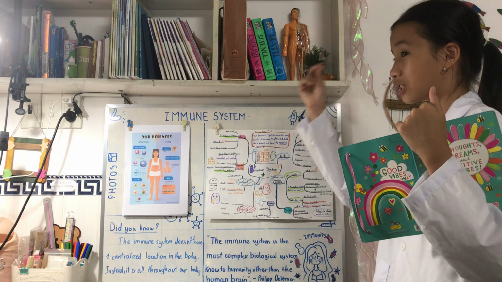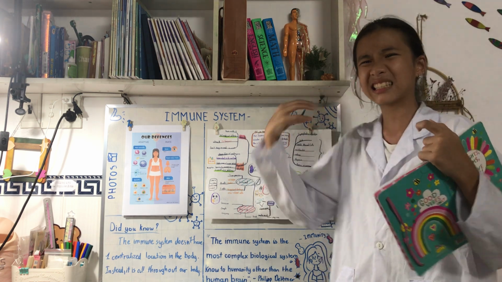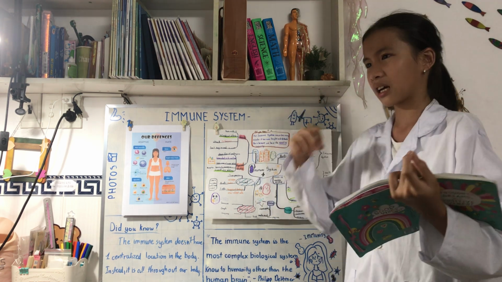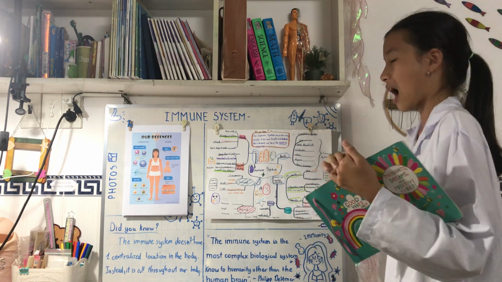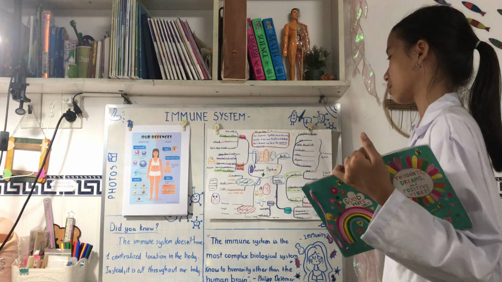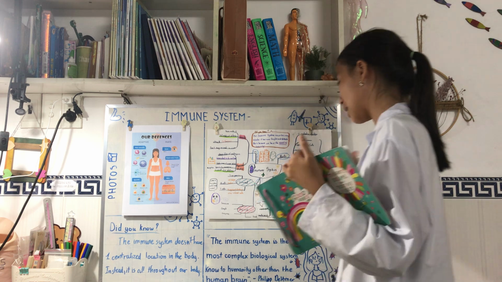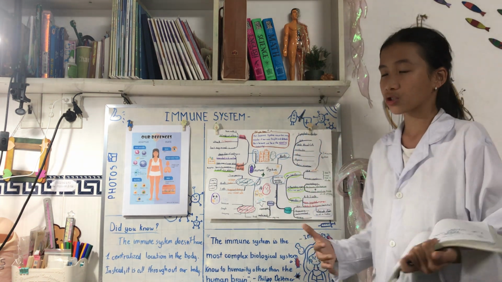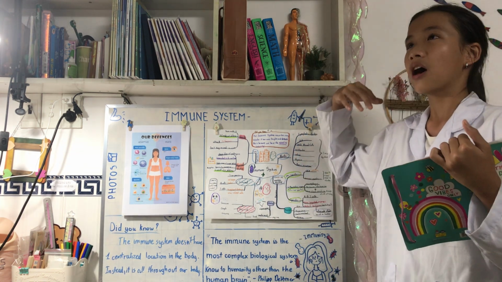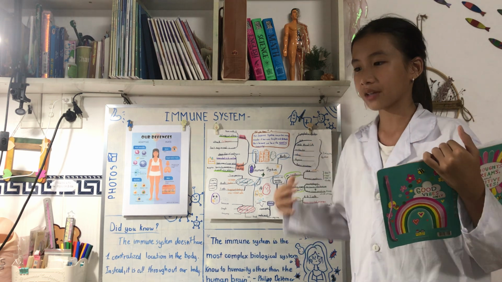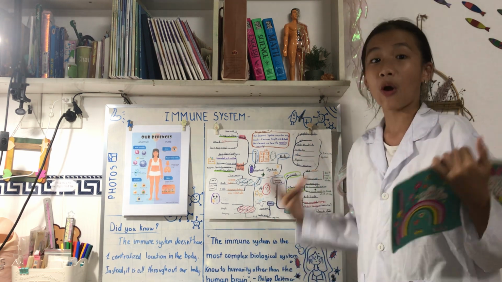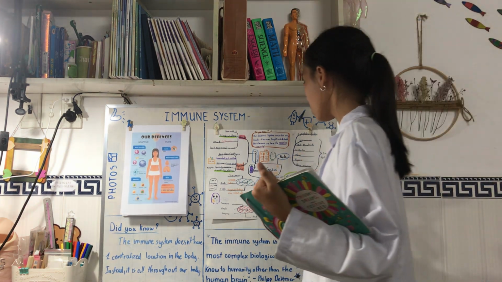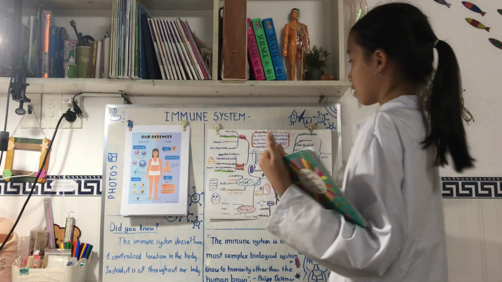Sweat and tears also have some acidic chemicals, so they help to eliminate some of that too. We also have lactic acid, which is in our reproductive area. That is all the lines of defense.